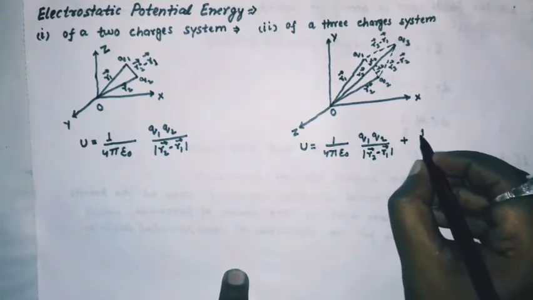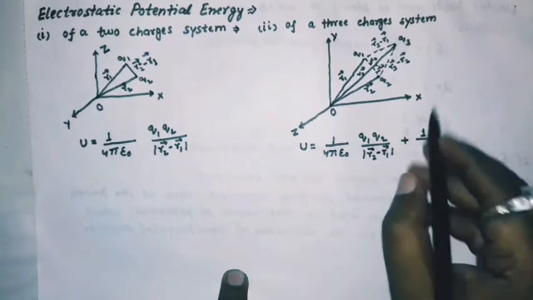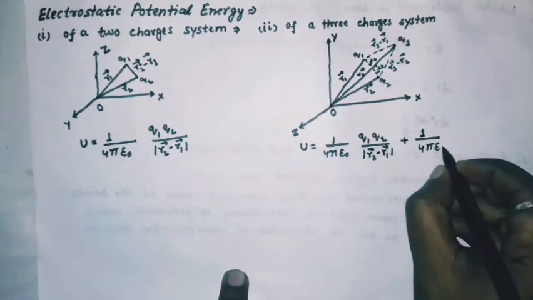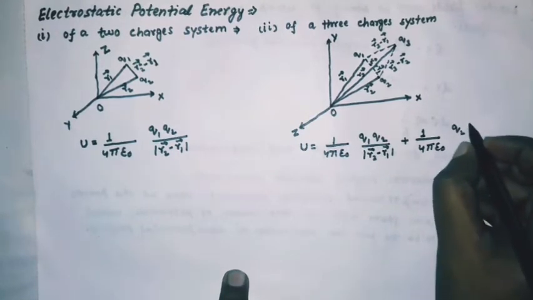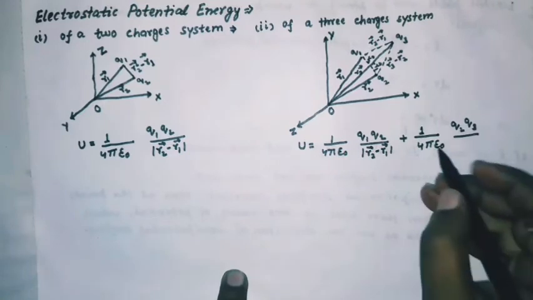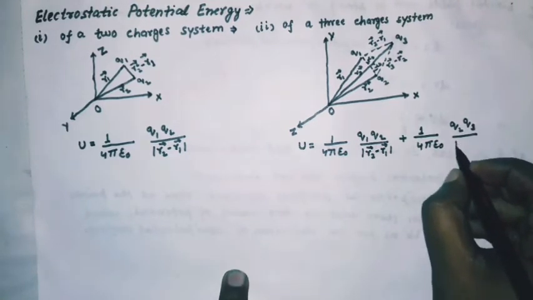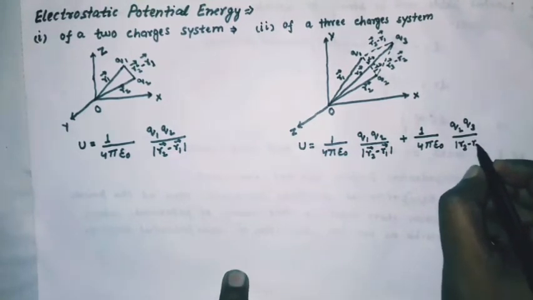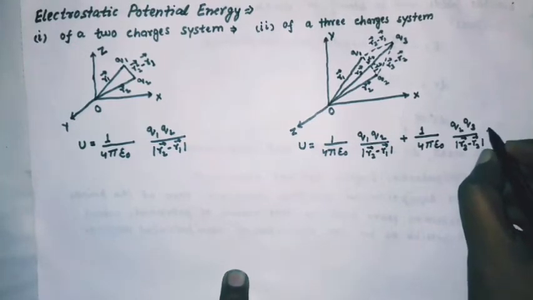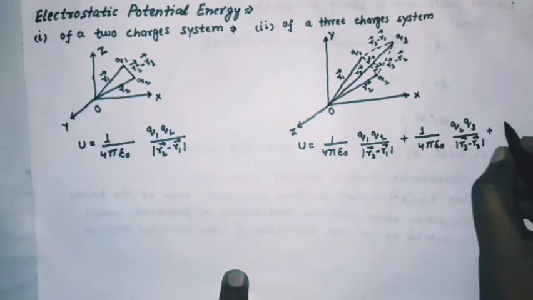And similarly, the potential energy between q2 and q3 will be nothing but 1 upon 4 pi epsilon naught q2 q3 divided by r3 minus r2. Similarly, we can calculate the potential energy between q3 and q1.